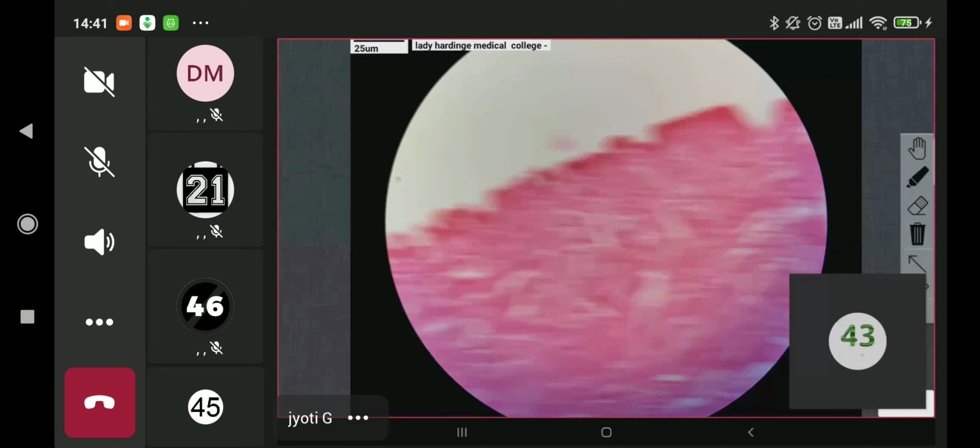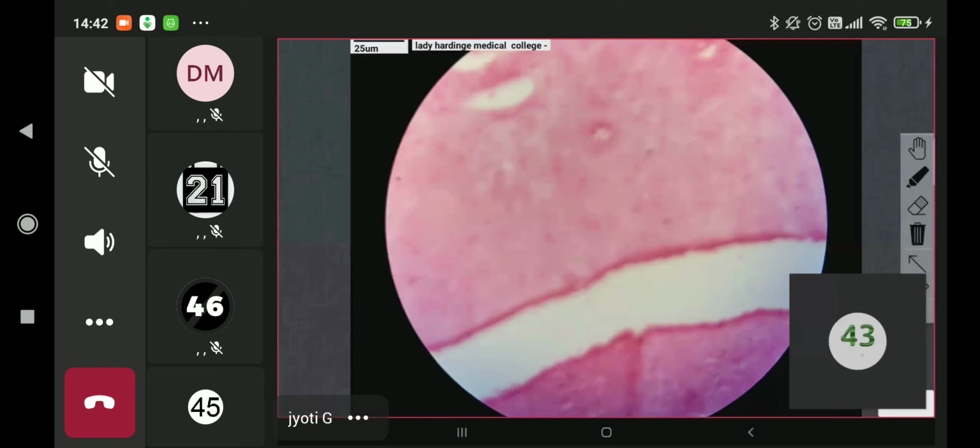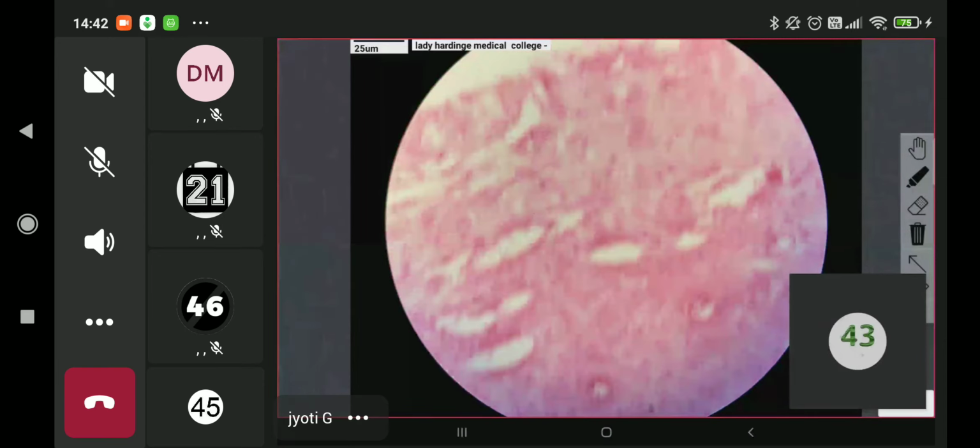So this one is a serous cyst adenoma. I will just show you the papillae once more. And you can see those papillae are also lined by similar kinds of cells. Can you see?